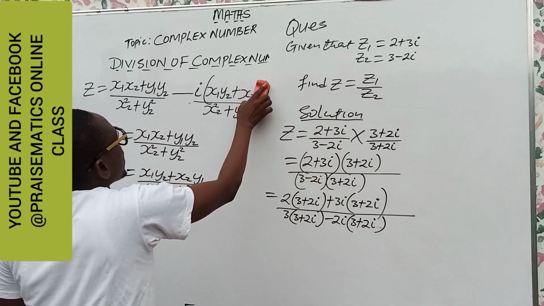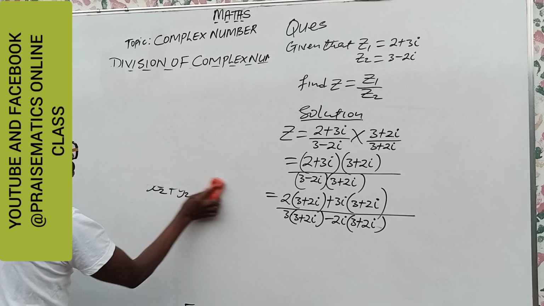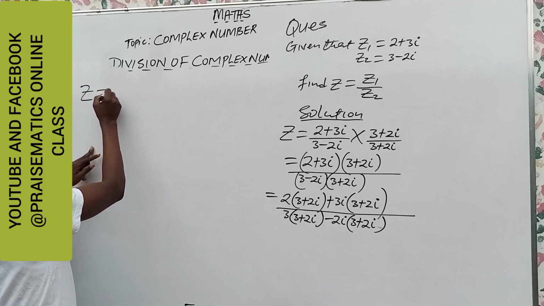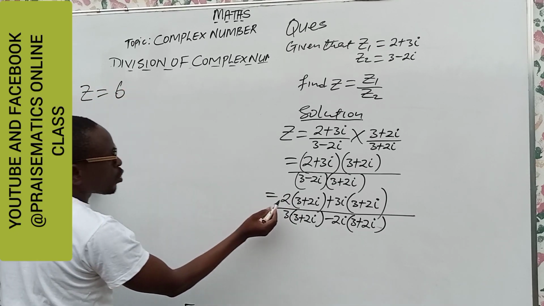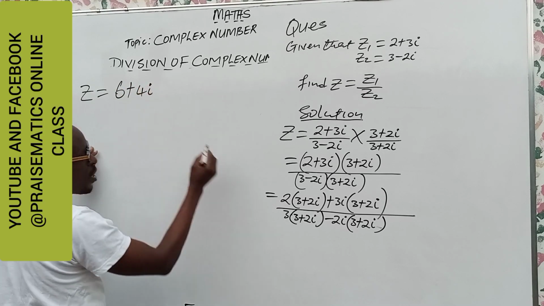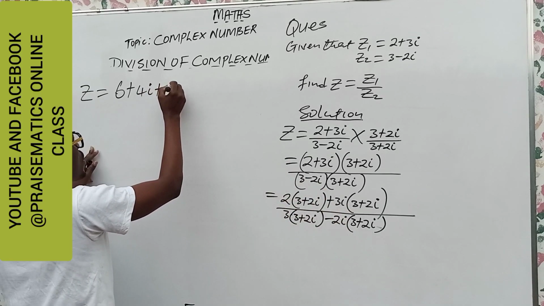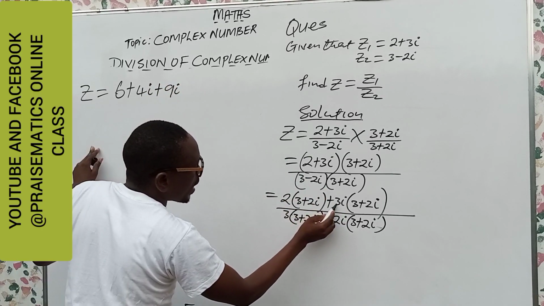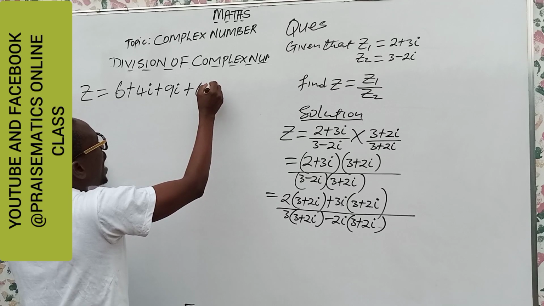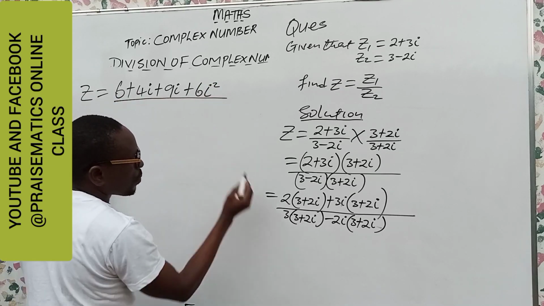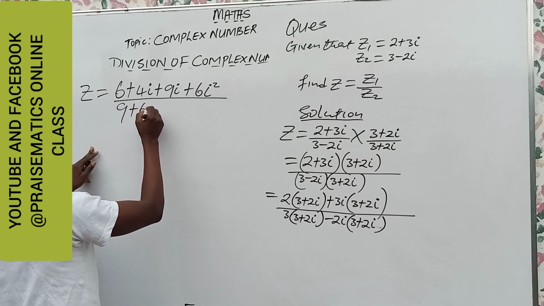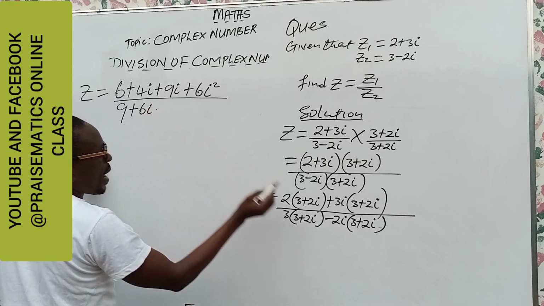Now we are going to resolve it like this. Finally, we are going to have that Z is equal to 2 times this will give us 6. 2 times this one will give us plus 4i. 3i times 3 will give us plus 9i. 3i times 2i will give us plus 6i square, all over 3 times 3 will give us 9. 3 times 2i will give us plus 6i.